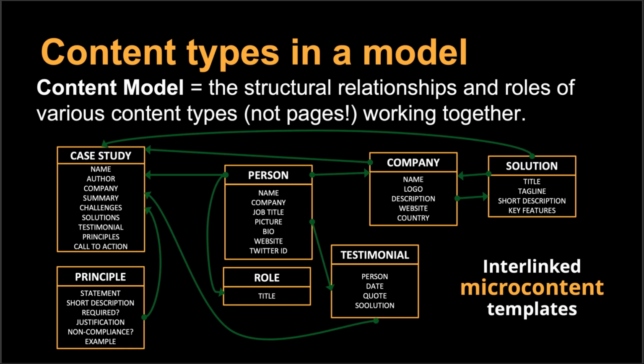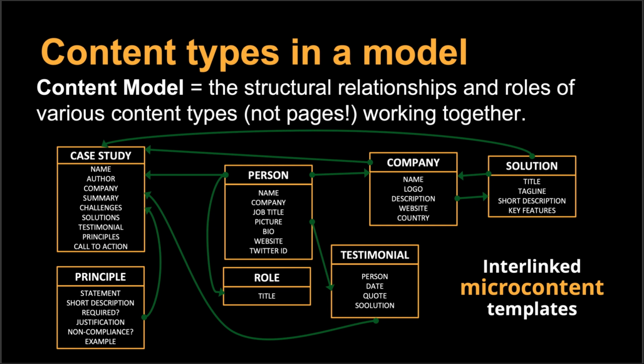I mentioned the term content model. So we decide what are the types of content that the user is going to need for their particular use case. And Cecil will show you some of these examples, and I'm going to show you one in a second. But all those types go together in a model, which talks about how these different types of content work together, their relationships and roles.